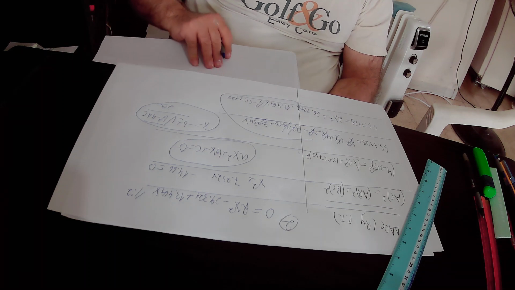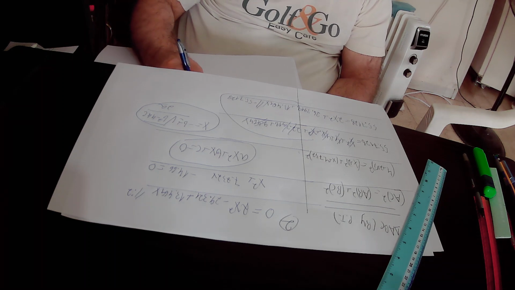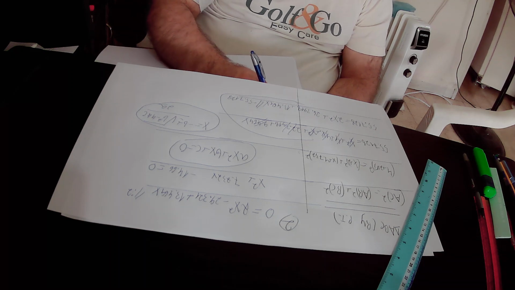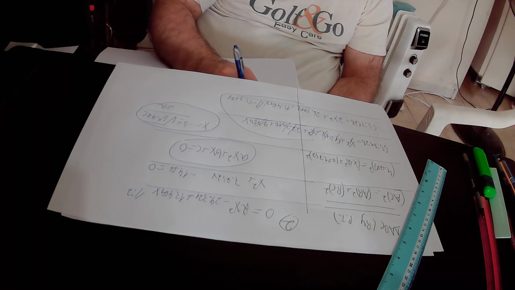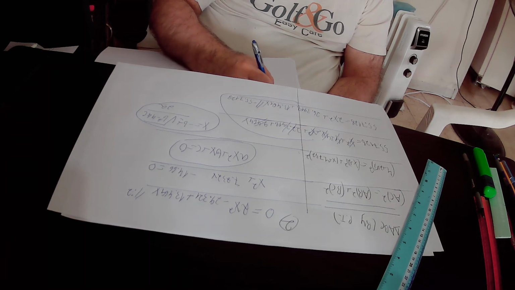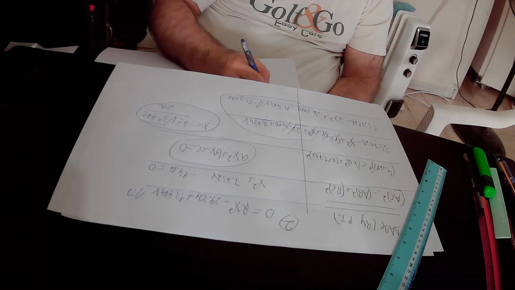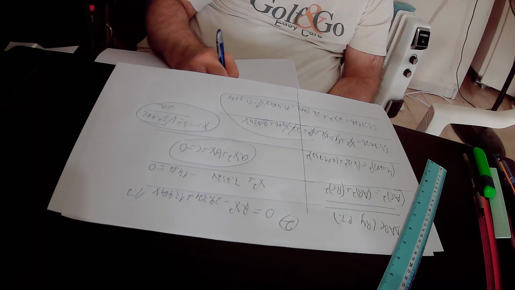In our specific quadratic equation, that is to say x squared plus 7.232x minus 14.66 equals 0, the coefficient a equals 1, the coefficient b equals 7.232, and finally the coefficient c equals minus 14.66.